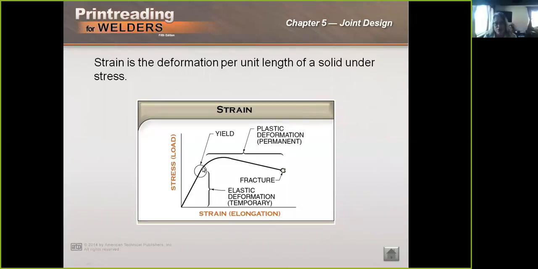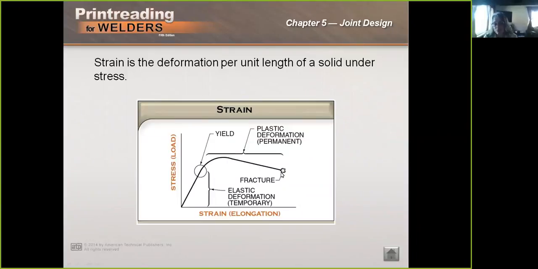If, however, we go beyond a certain point, and that point is the yield point, we get into the plastic deformation range. And the plastic deformation is permanent. It's like sticking your thumb in putty, that never goes away. So we call that the plastic deformation range.